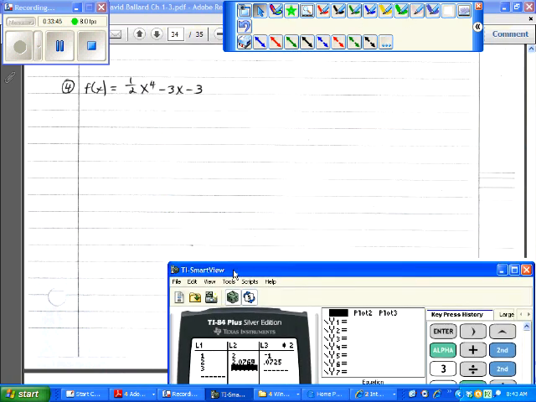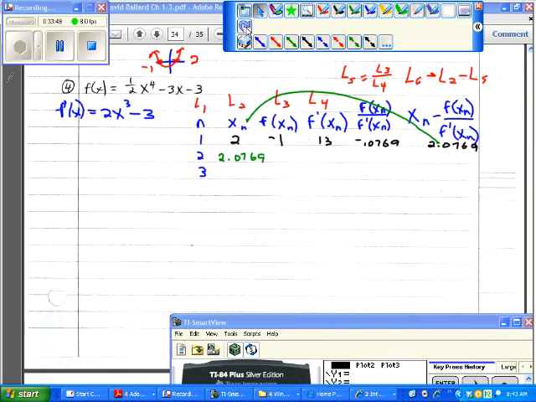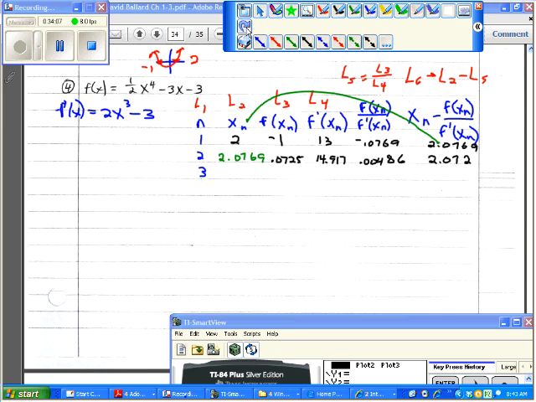And we get another set of data, which y'all can call out again for me. 0.0725. 14.917. Okay. 0.00486. And then 2.072. All right.